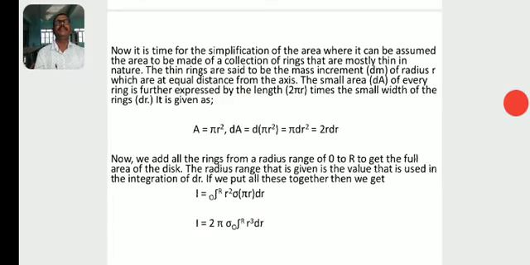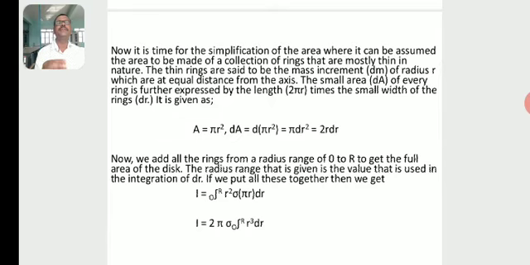Now it is time for the simplification of the area, where it can be assumed to be made up of a collection of rings that are thin in nature.